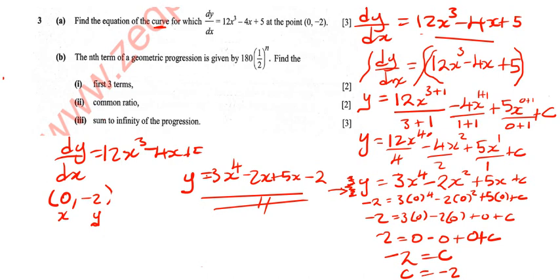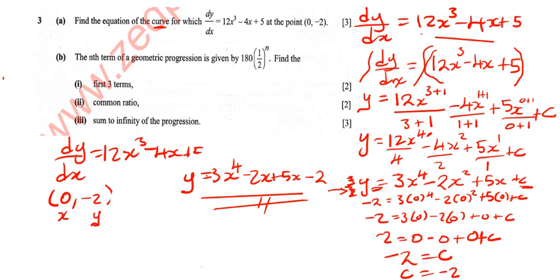Now when we reduced our numbers, when we divided our coefficients, we had y is equal to 3x to the power 4 minus 2x squared plus 5x plus c. Now this is the equation that they needed, but it is not complete. Just that we needed to find the value of c there. So how do we find the value of c? We have been given the points x and y.